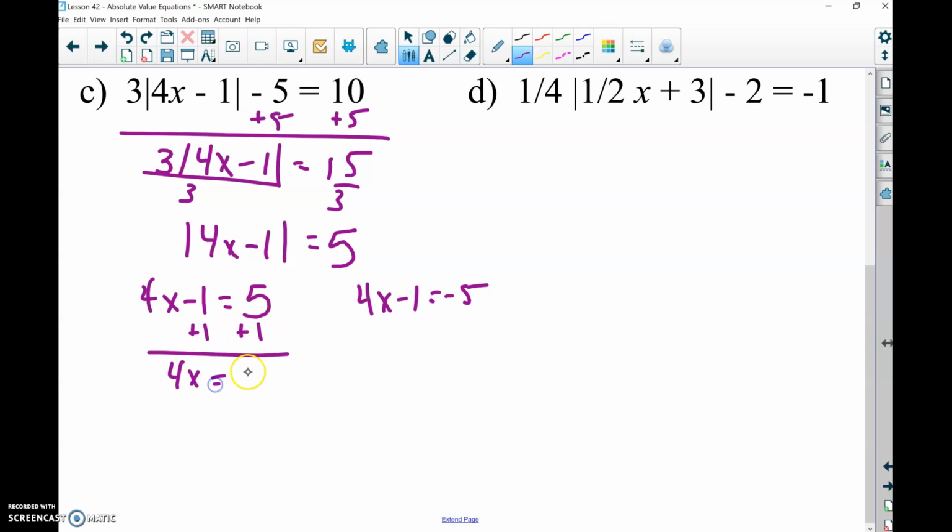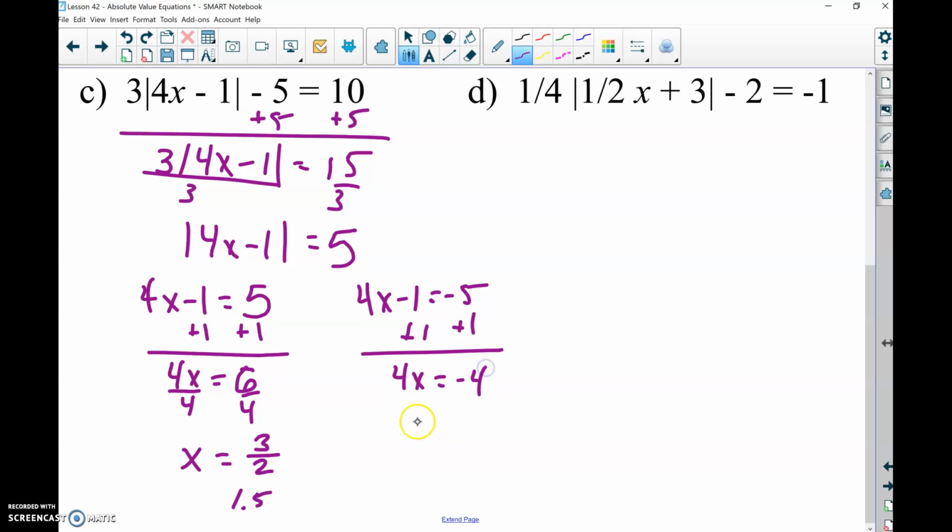Solving. And reducing my fraction. 3/2 or 1.5. For the other one, and there are my solutions.